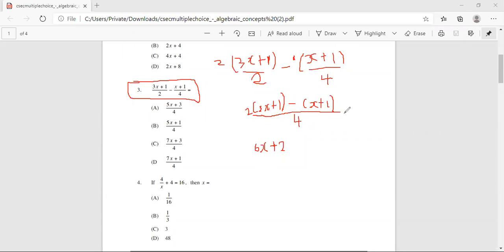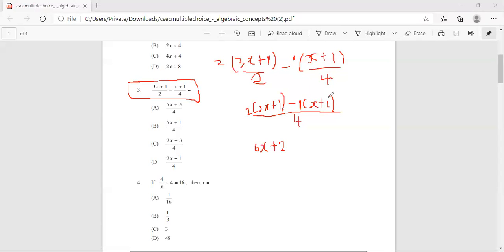What is in front of the bracket? Negative 1. Good. So negative 1 times x.